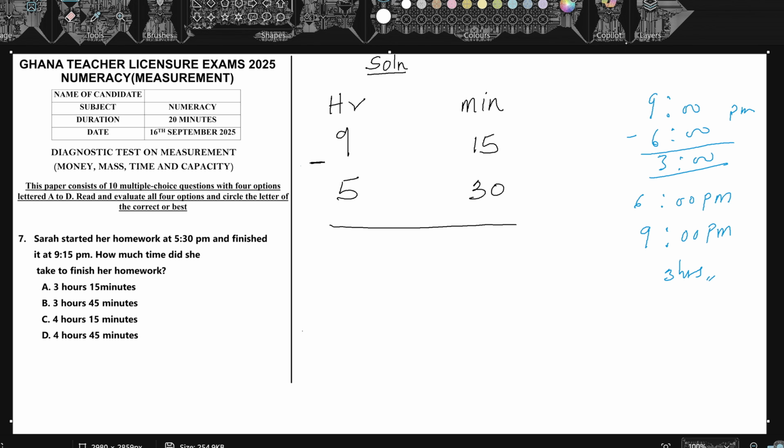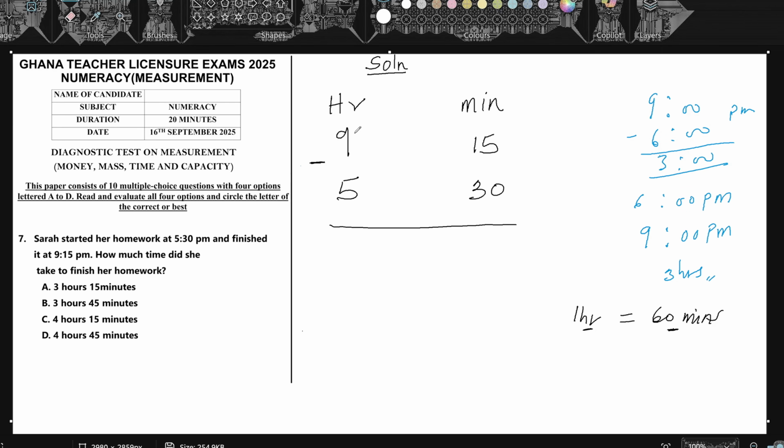So what we do is that we have to move on to the next column, which is the hour column, and then we borrow 1. Now, because this is time, we know that every 1 hour is equivalent to 60 minutes. Take note, every 1 hour is equivalent to 60 minutes.